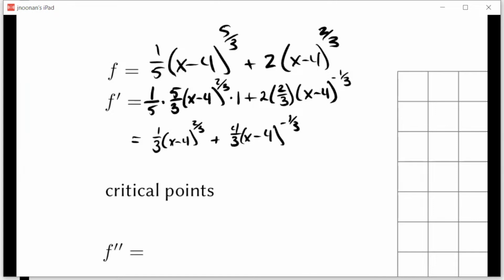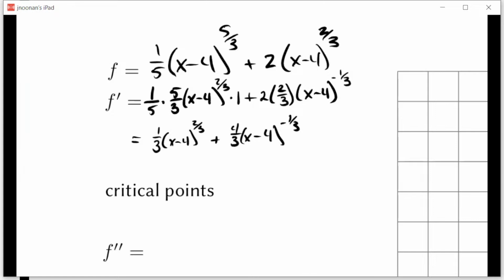We need to compute the second derivative, and then we'll turn you loose to see how you do getting critical points and so forth. All right, Sam, you're up.